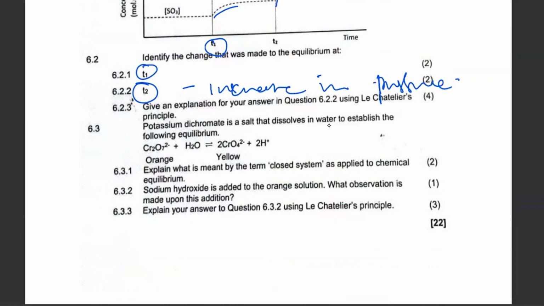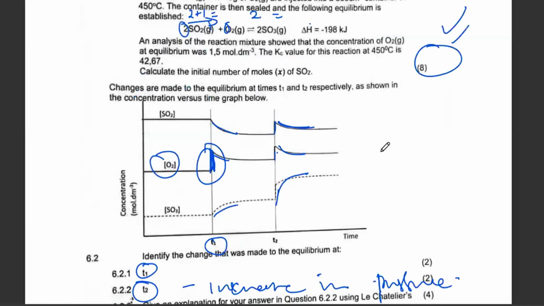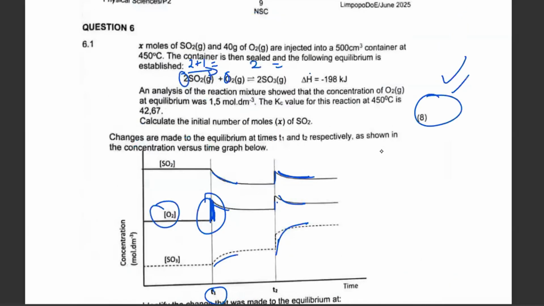Explain, give an explanation for your answer: an increase in pressure favors the reaction that produces fewer moles. That's why I was doing these things, to find out what was actually happening, because here there are 3 moles before and after it is 2. So it will favor the reaction which has fewer moles. Therefore, the forward reaction is favored.